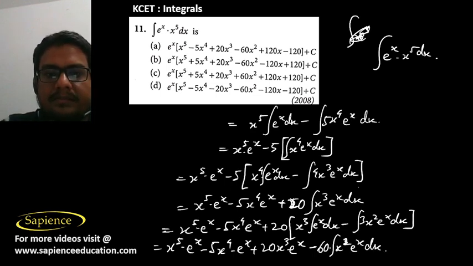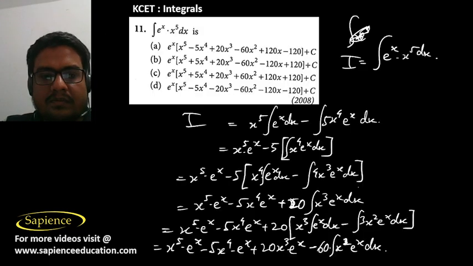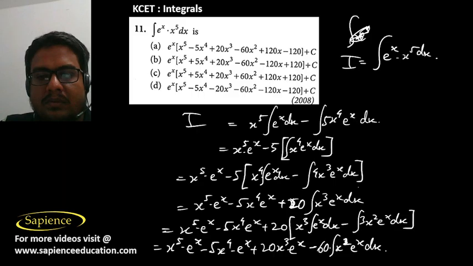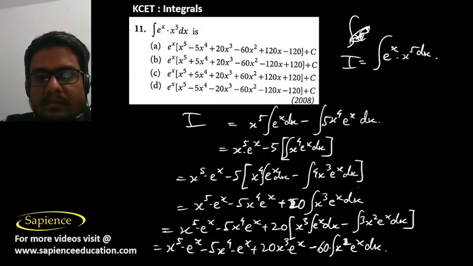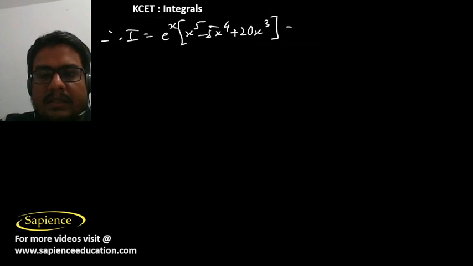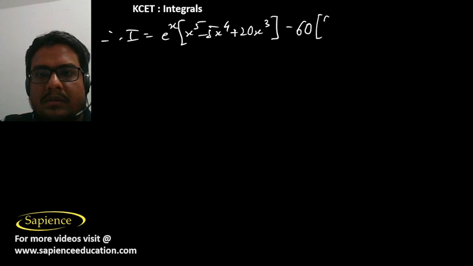This is the integral I. This is equal to the integral I. Okay. So therefore the integral I that is given as e power x into this is x power 5 minus 5x power 4, then plus 20x cube minus 60 integral x square e power x dx.